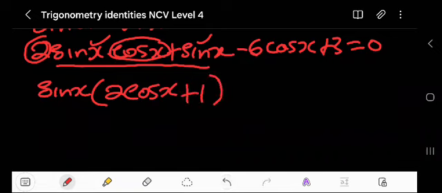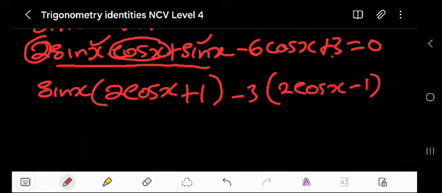So now let's go here. We have 3. I know that 3 will be the common factor. I will have now, let's check, the brackets must be the same. We must make sure the second bracket becomes the same as the first one. How can we do that? If I take out the minus 3, I will have 2 cos x, then here I will have plus 1, equal to 0.